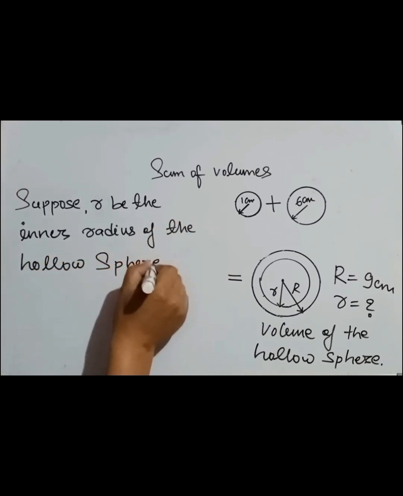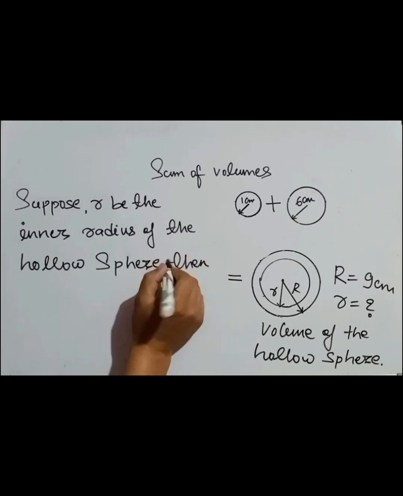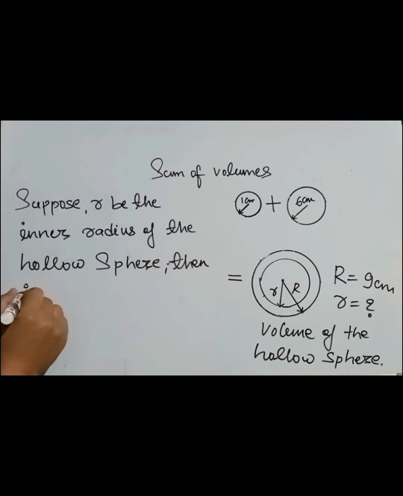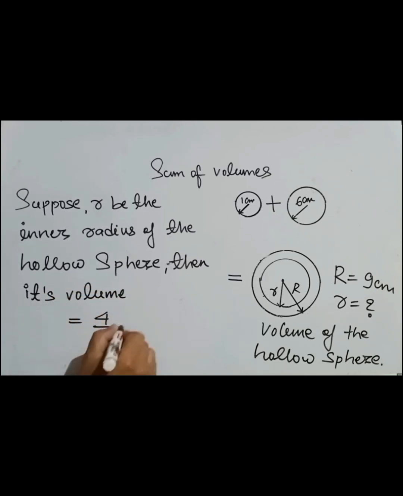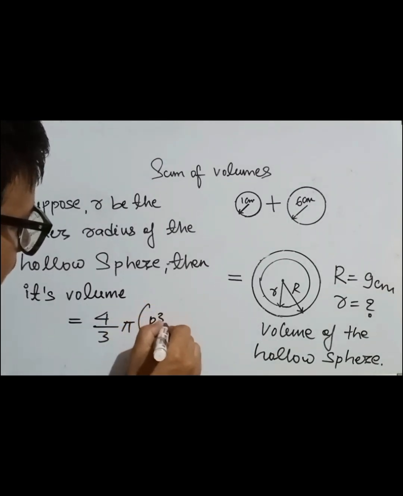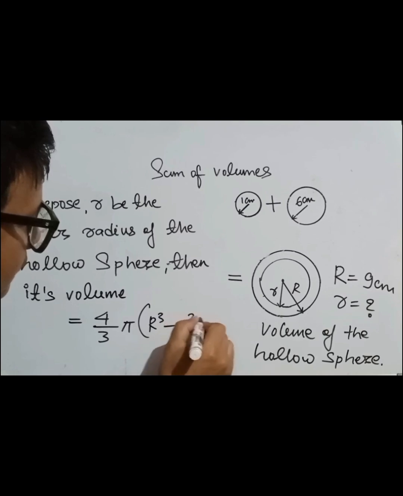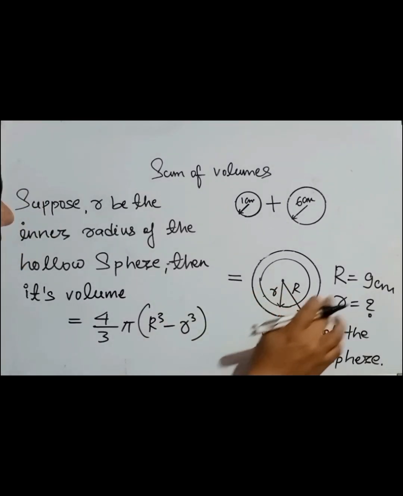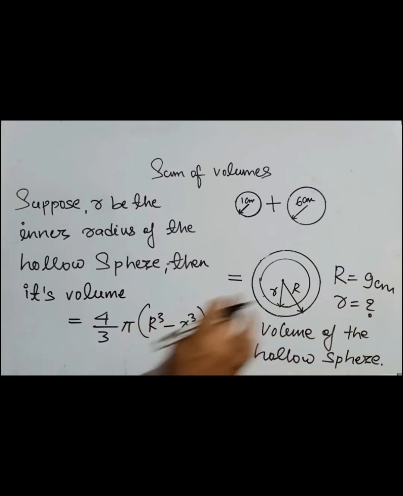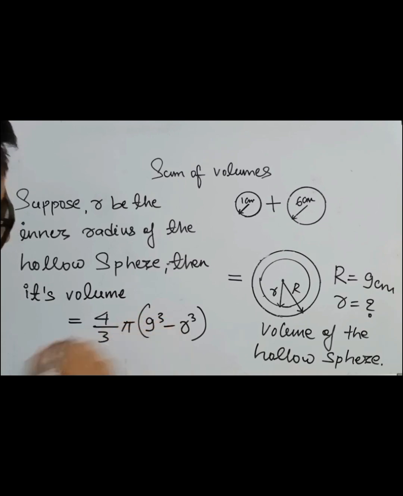Then its volume is given by 4 upon 3 pi into capital R cube minus small r cube. Since the outer radius capital R is 9 centimeter, we can replace capital R with 9. So it becomes 4 upon 3 pi into 9 cube minus r cube.